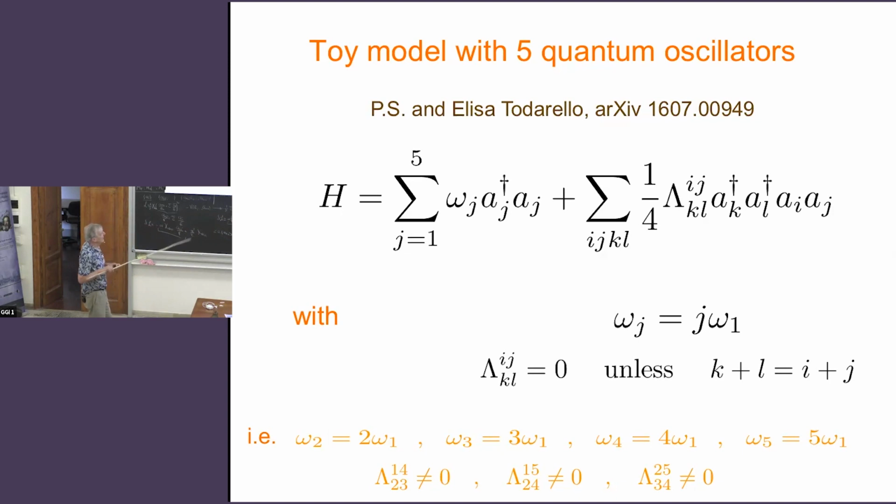And we actually have interactions between them when k plus l equals i plus j. This is because the axions actually interact in the condensed regime, and that is the relevant type of interaction in that case.